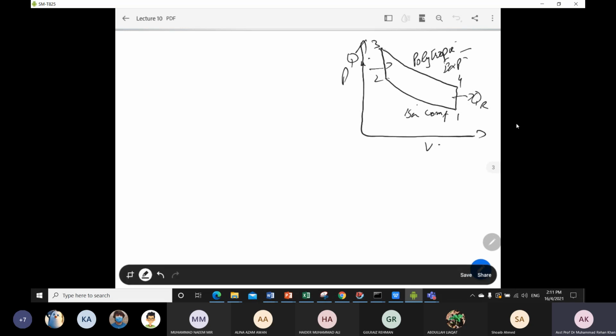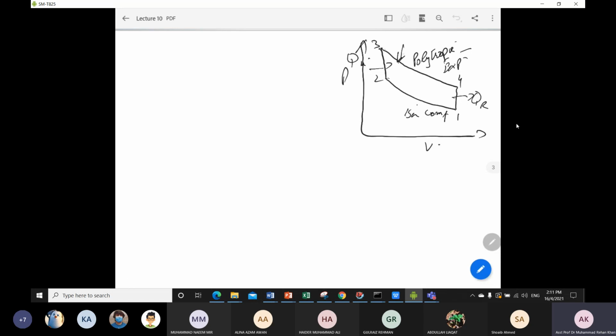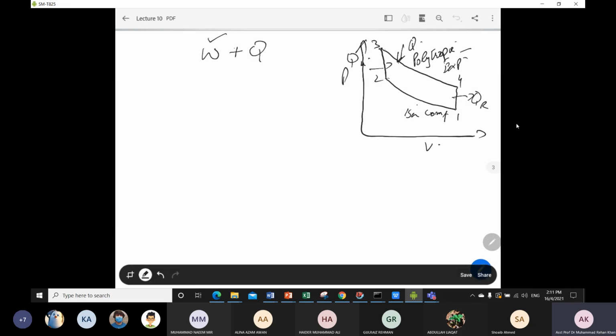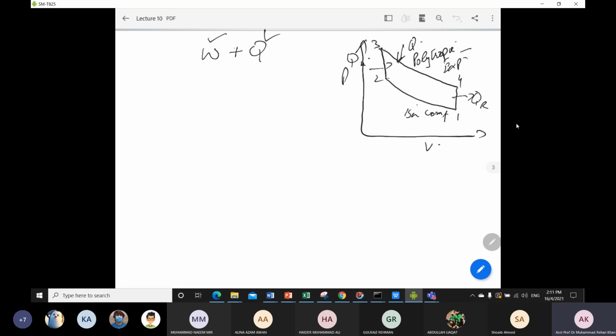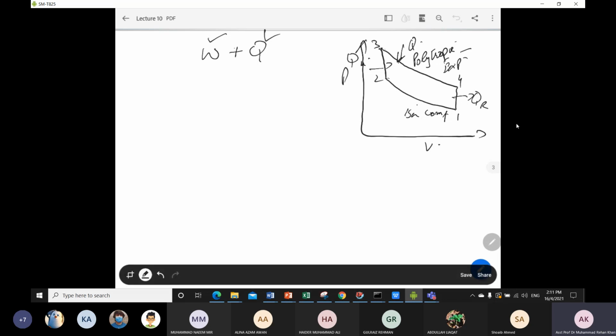But another important thing is that whenever there is a polytropic expansion process, it means that a heat component is added in this 3 to 4. Previously we talked about expansion process where there will be W, but here it is W plus Q. So there will be work involved as well as heat transfer, because this is not an adiabatic process, it is a polytropic process. This is the main difference between polytropic and isentropic.